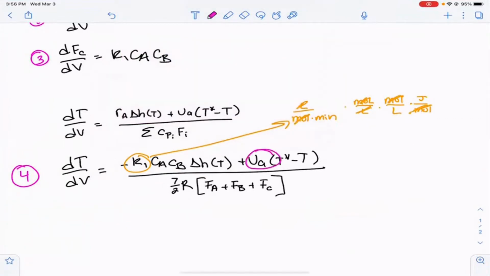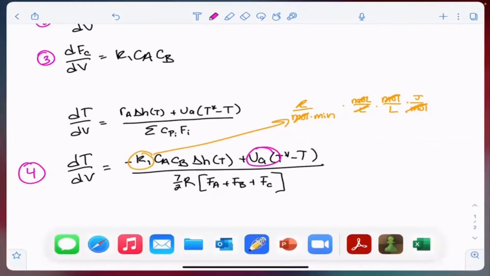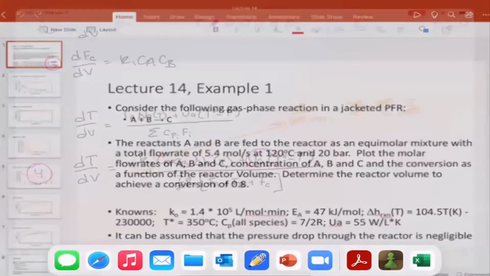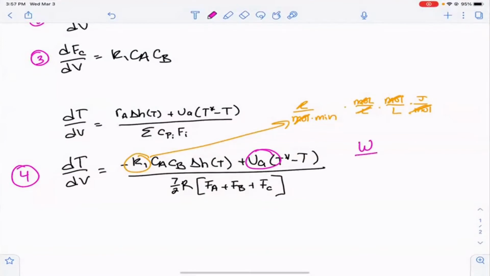Now let's take UA. Looking back at the problem, we're given the unit of UA in watts per liter Kelvin, and then we're going to multiply by temperature in Kelvin. So the Kelvins are going to cancel, and we're going to get the units joules per second liter. And so you'll notice those don't match.